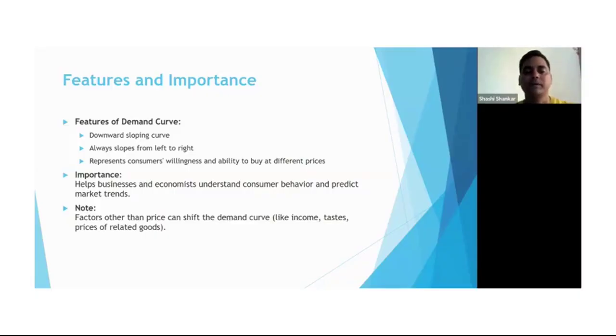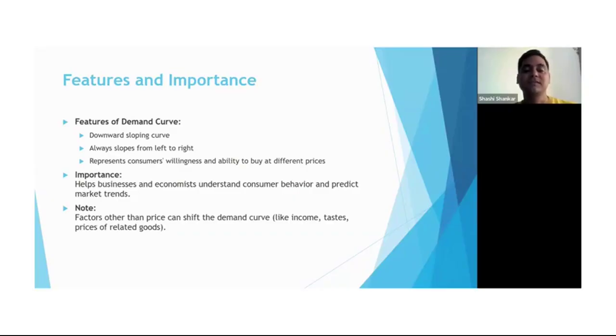Now, talking about the importance, how can anyone use the demand curve or law of demand? First of all, it helps businessmen and economists to understand consumers' and buyers' behavior and predict market trends. At what price, how much quantity will be demanded. Because of the demand curve, they can place different prices and understand the willingness and ability to buy that particular product.